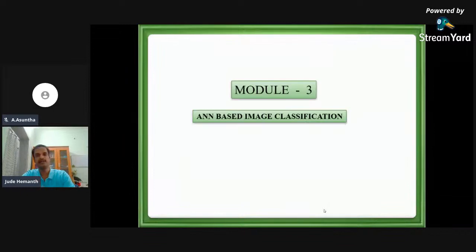Now we go into our important part. Whenever you go for an application, you cannot immediately put it into your artificial neural networks. You need to have some initial steps, right? In our case, we had pre-processing and feature extraction. But for different applications, we will have different concepts before going into ANN-based image processing.